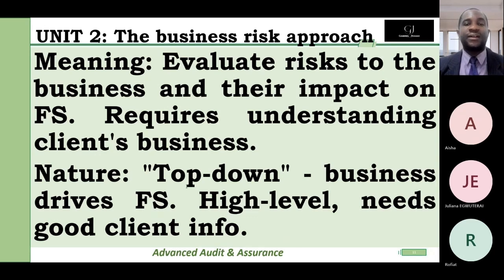And these risks arise from both internal and external factors, and they often precede financial statement risk. So if they crystallize, they could affect the financial statements positively or negatively. As auditors, we need to evaluate business risks and determine their potential impact on the financial statements.